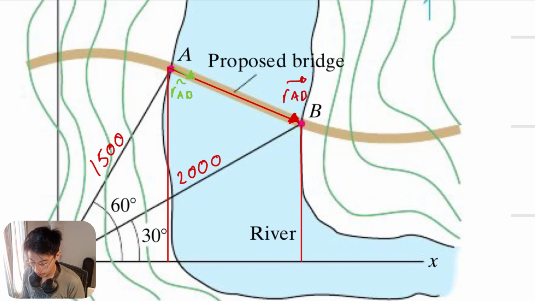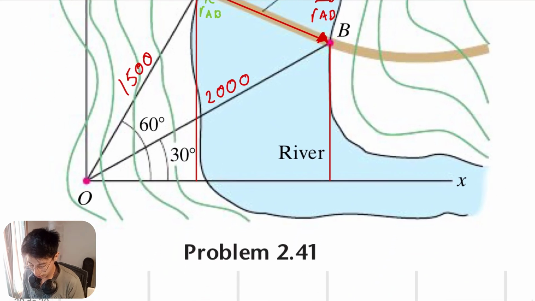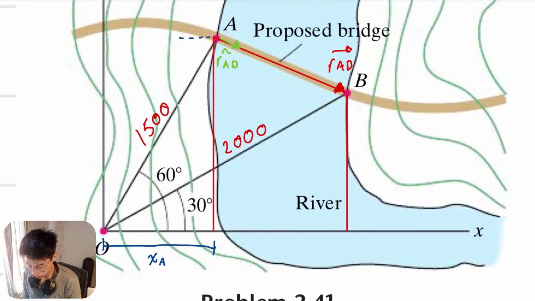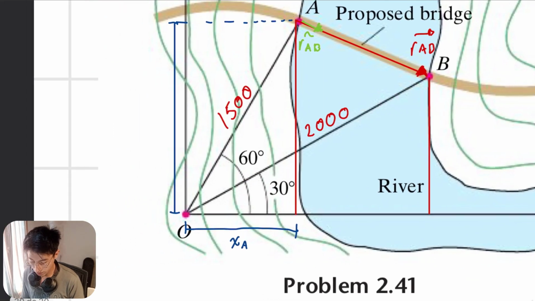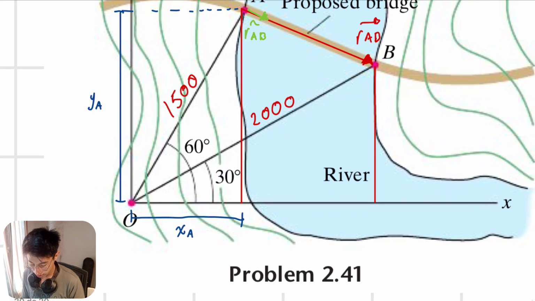Now we can determine, and I'm going to do it in dark blue, this magnitude, which I'm going to call XA. We can determine as well this other magnitude that I'm going to call YA. Orange.